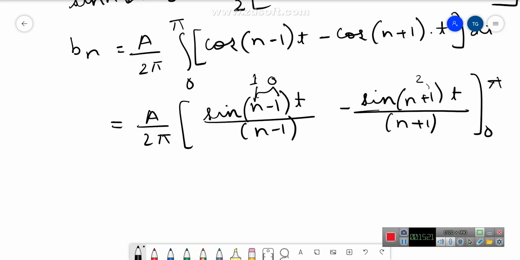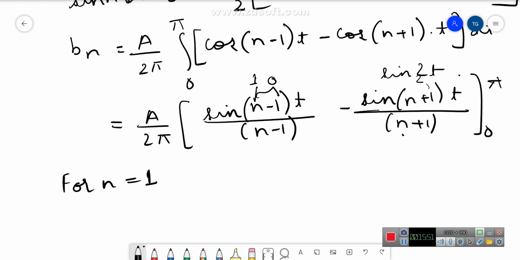So except for n equals 1, all the values will be equal to 0, and only for n equals 1, this will become 2t.